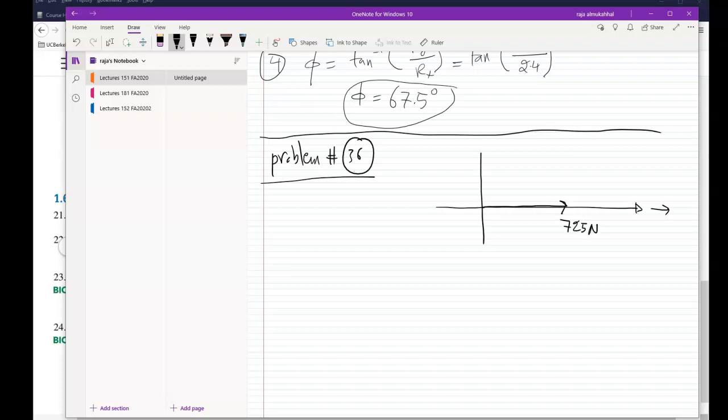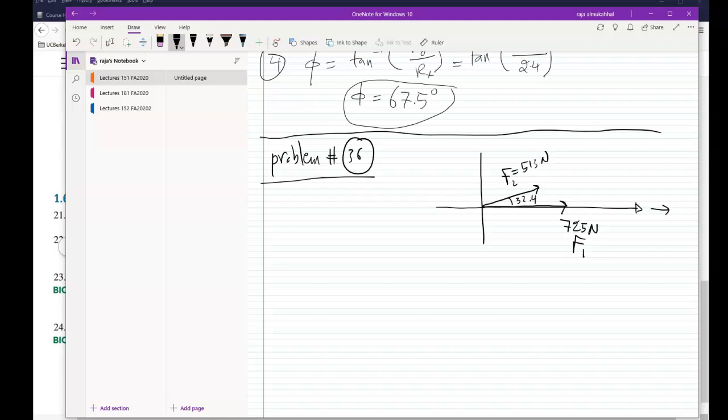I'm going to call it F1. You can call it whatever you want, but I like to give it a name. The other one, he says, is 513 at an angle of 32.4 above the forward direction. What does that mean? Well, here is the above. So it's a little bit shorter, just like that. I'm going to call that F2, and it is 513 Newton at an angle of what?